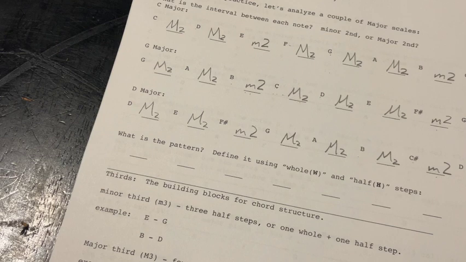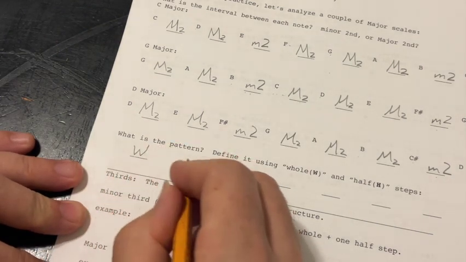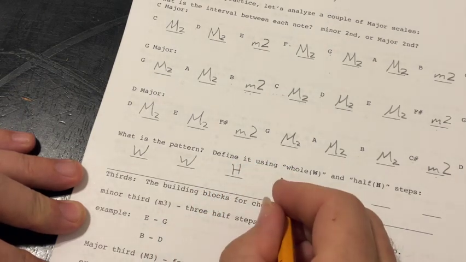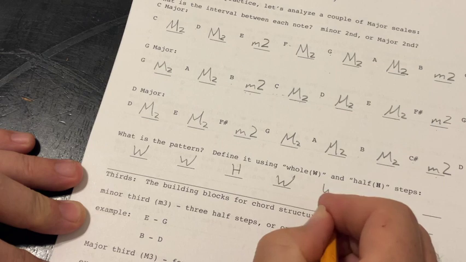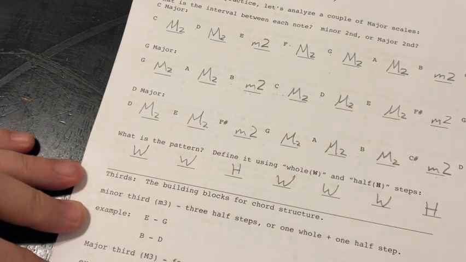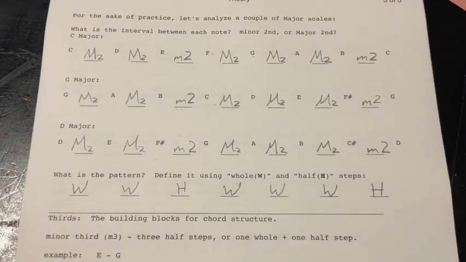Okay? So major seconds are whole steps. So we got whole, whole, half, whole, whole, whole, half. And there are several things I picked up along the way that are just ingrained in my head.